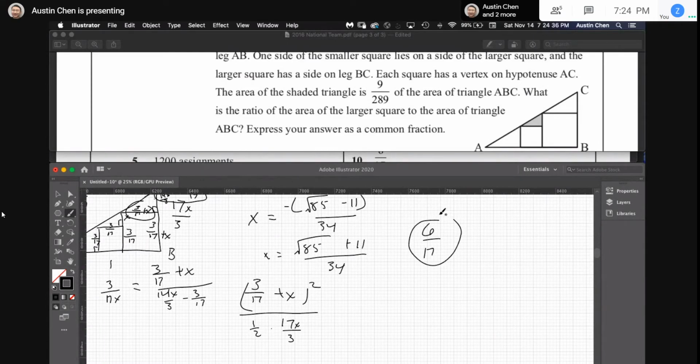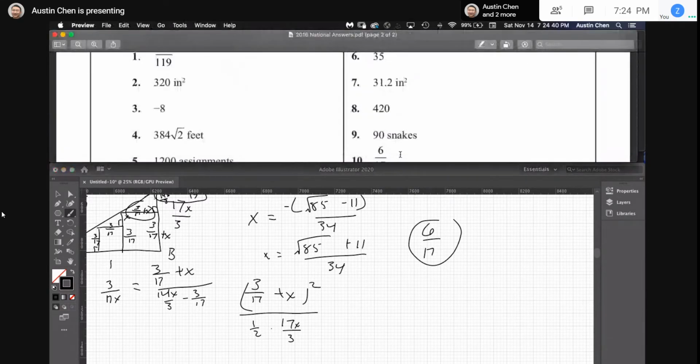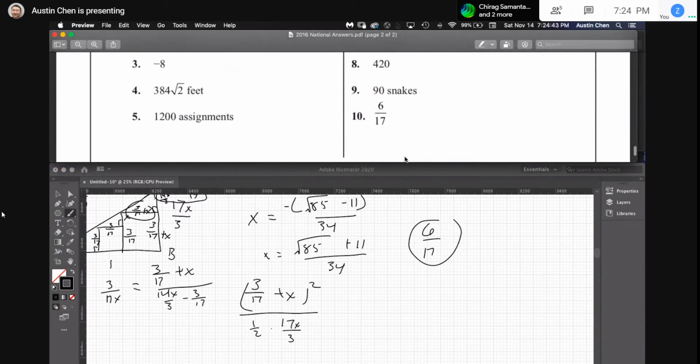So we can see that does work out. Both x's work, and we get a common fraction. And if we look at the answers, that is the correct answer, 6/17.